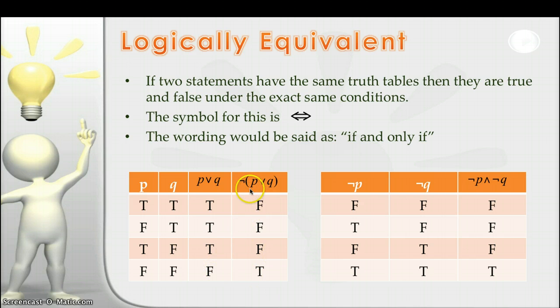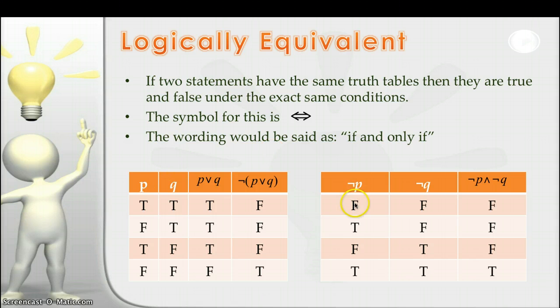At the last column, we negate the values in this column of P or Q. So the negation of true is false, true is false, true is false, and at the last one, false becomes true.